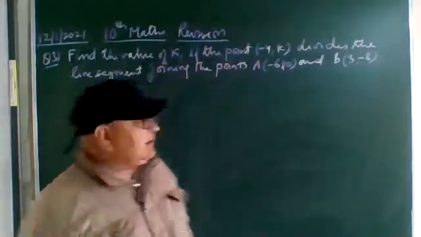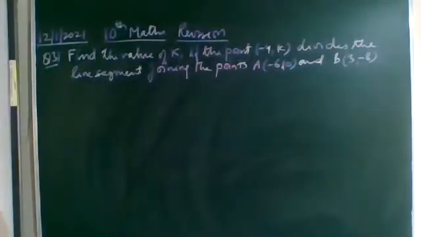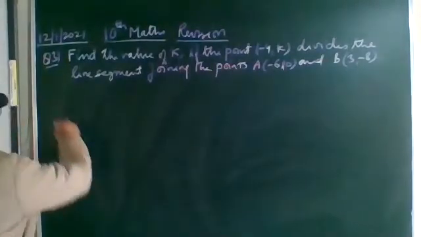Now find the value of k, if the point (-4, k) divides the line segment joining the points A and B.